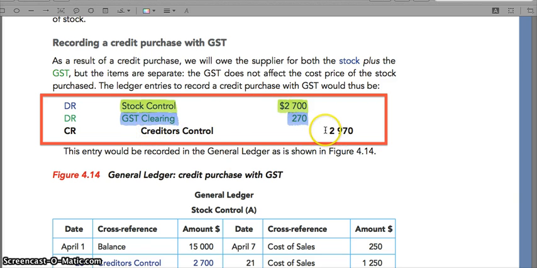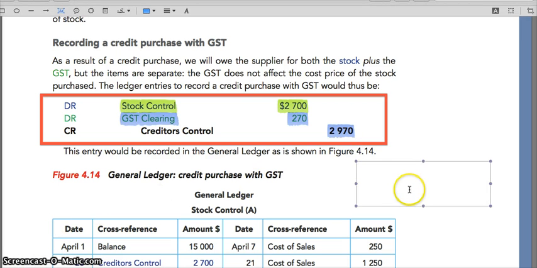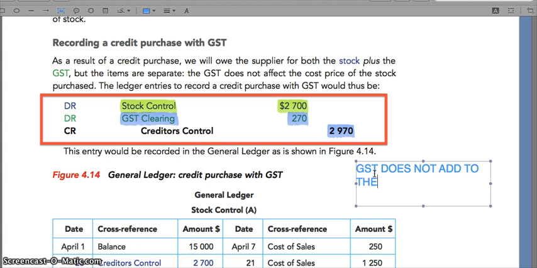However, it will add to the value of the liability because we still have to pay that GST. I'm going to reiterate this because it's really important: GST does not add to the value of an asset.